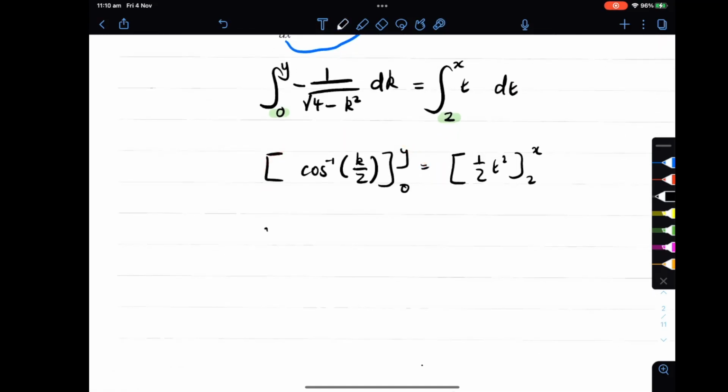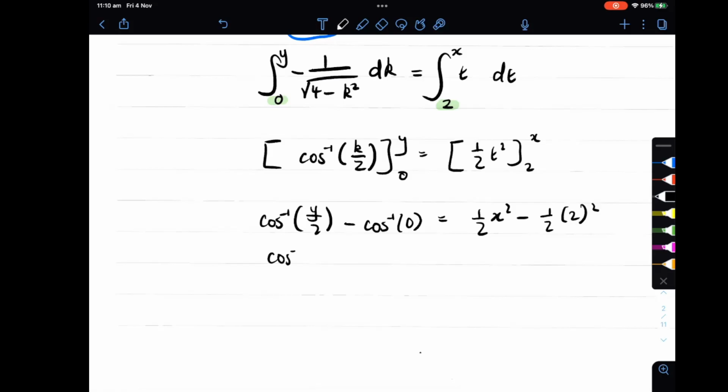We get cosine inverse of y over 2 minus cosine inverse of 0 is equal to a half x squared minus a half 2 squared. Cos inverse of 0, the corresponding angle is just pi on 2. And for this, we're going to get a half x squared minus a half times 4, which is 2.